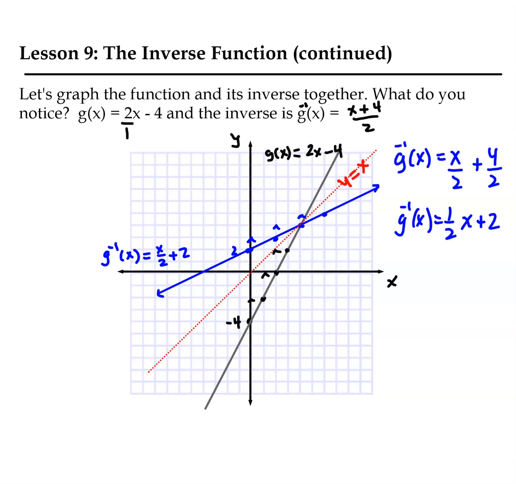In other words, y equals x is the fold line. So imagine you bend your paper along the dotted line. You would notice that the equations, the linear equations, line up.